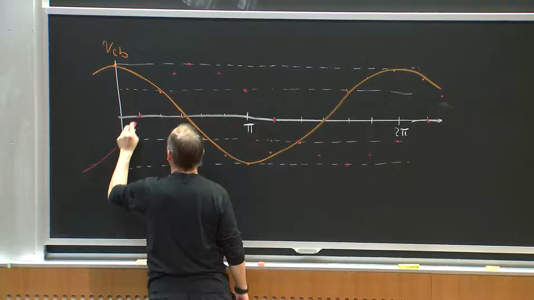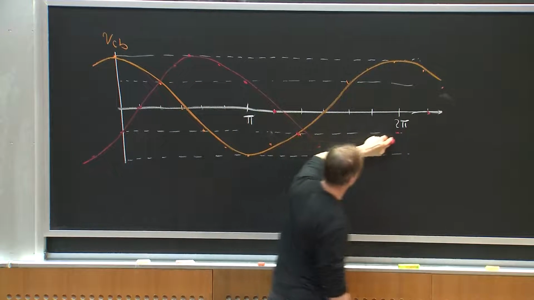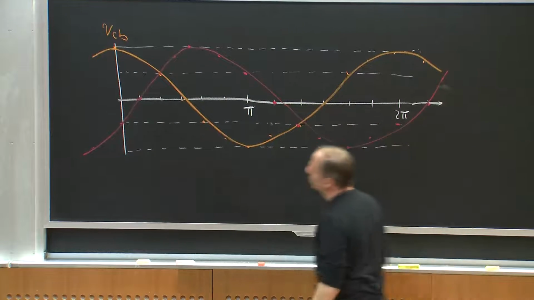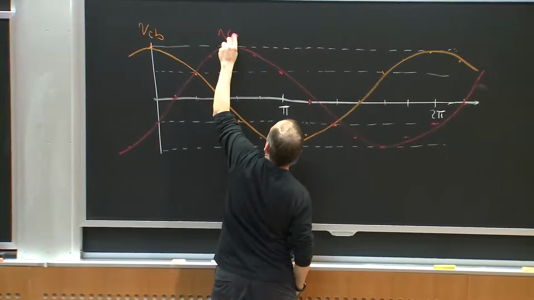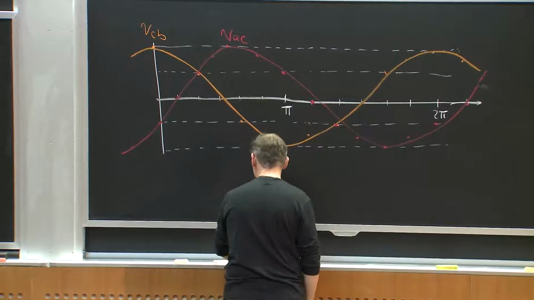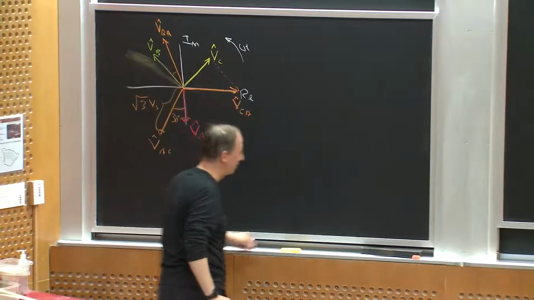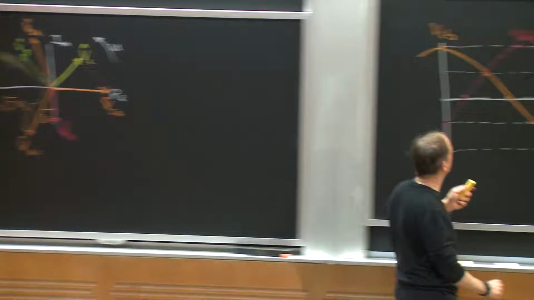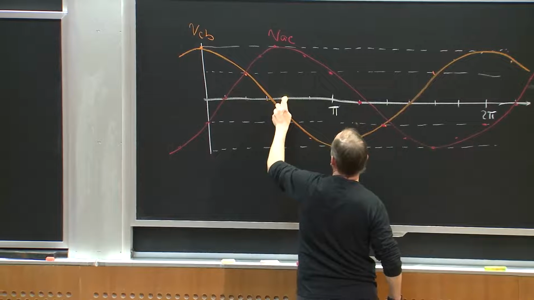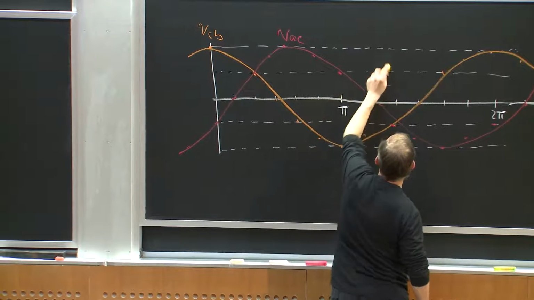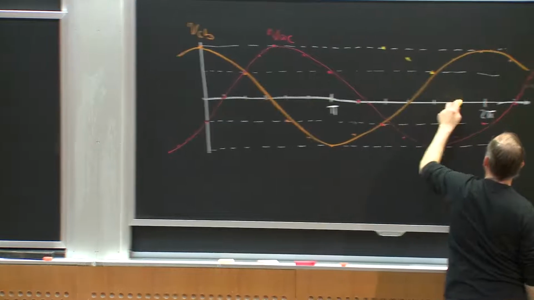So he's going to do something like this, and we said this was going to be VAC. And then the next one to rotate around is VBA. So let me put him on. VBA is going to be delayed by another 4 units, 1, 2, 3, 4. And he's going to be at maximum here. So he's going to do something like this.